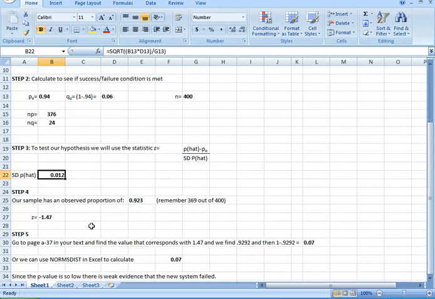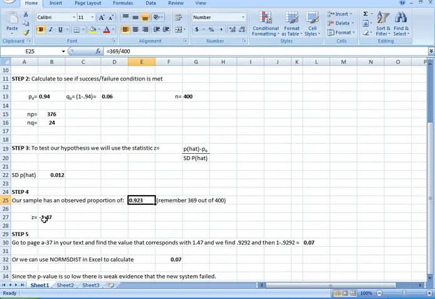Now step 4, we need to know what our observed proportion is, and now we're going to take the 369 that were successful out of the 400, divide them here, 369 divided by 400, and we come up with 0.923. Now we have everything we need to calculate z.